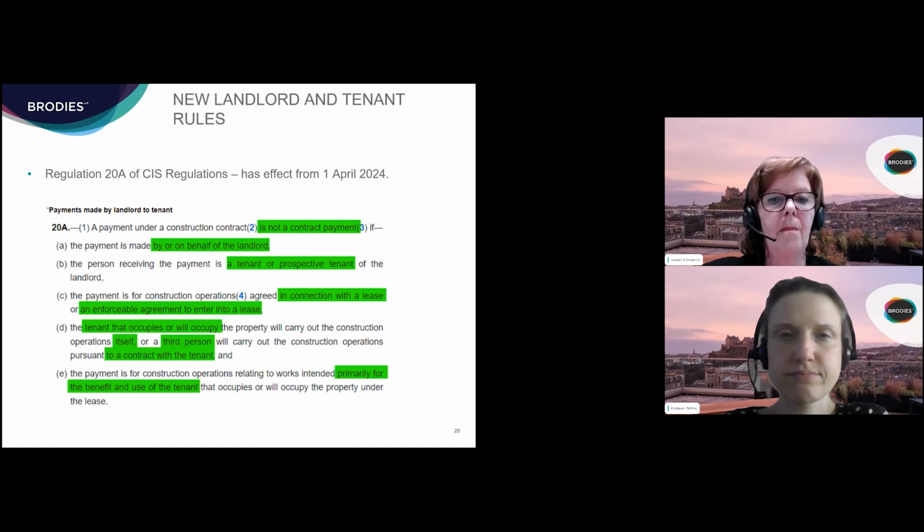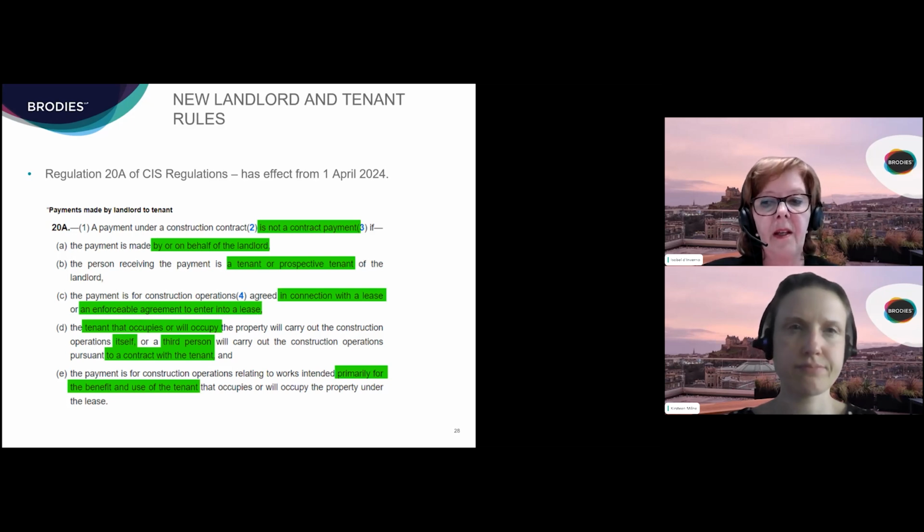If it's made by or on behalf of the landlord to a tenant or prospective tenant in connection with a lease or enforceable agreement to enter into a lease, and the tenant that occupies it will either carry out the construction operations itself, or they'll be carried out under a contract with the tenant.